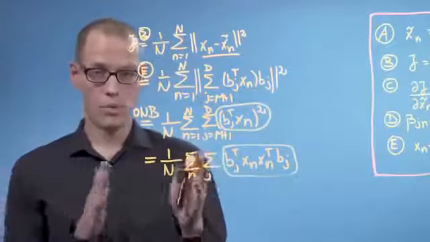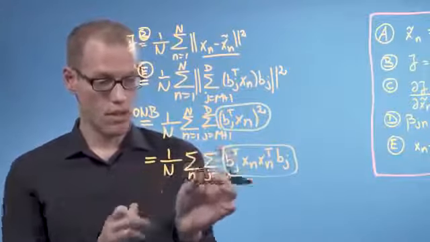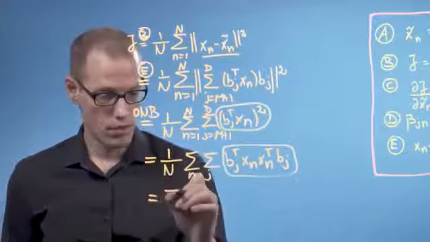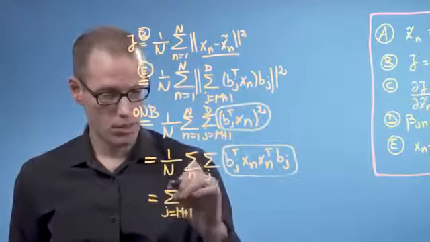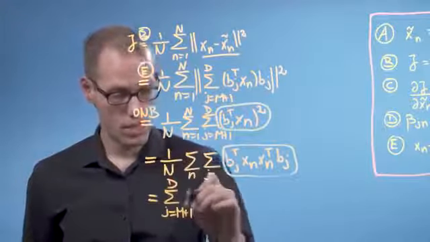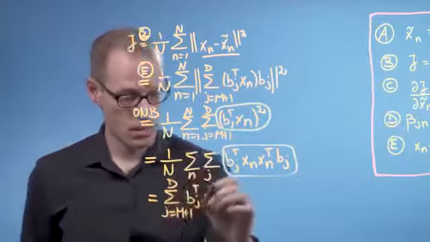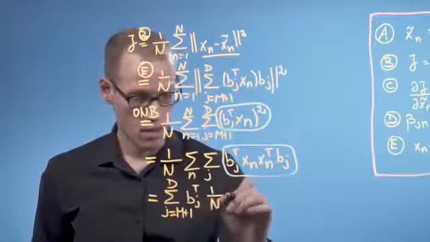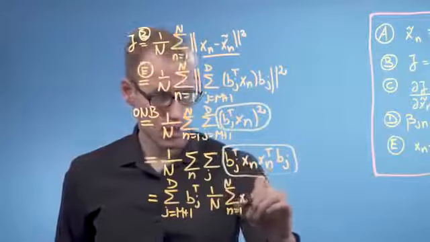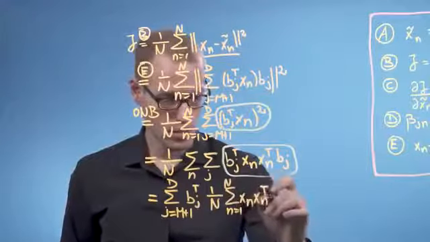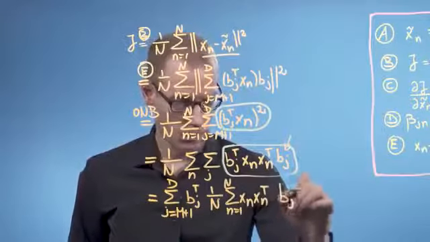And now I'm going to rearrange the sums. So I'm going to move the sum over j outside. So I'll have the sum over j equals m plus 1 to d of bj transpose, which is independent of n, times 1 over n, the sum n equals 1 to capital N of xn times xn transpose, and there's a bj from here missing, times bj.